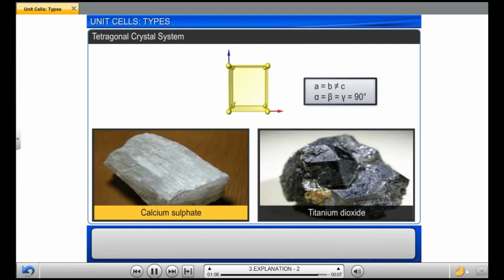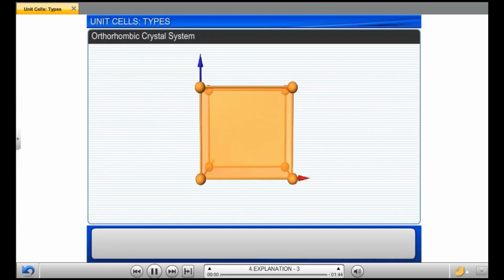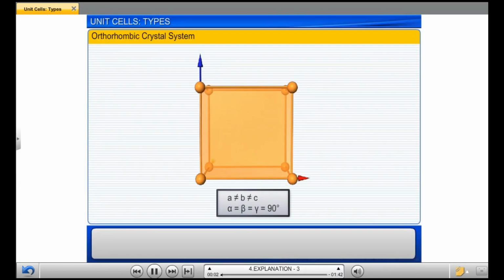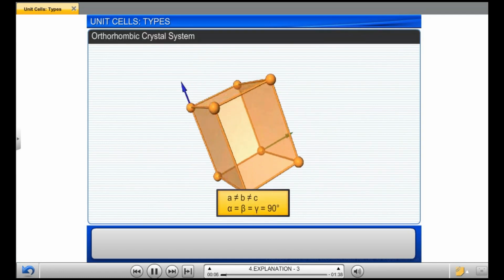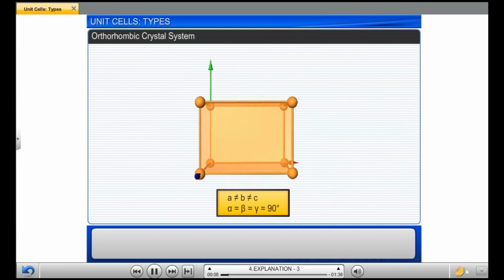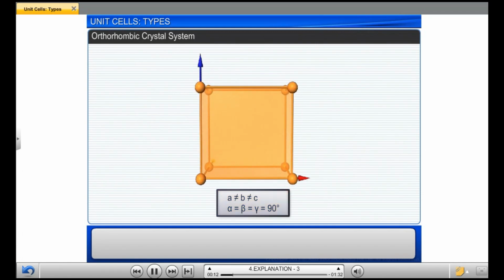Calcium sulfate and titanium dioxide are examples of this type of crystal structure. In an orthorhombic crystal system, the 3 axes are unequal, but all axes are at right angles to each other.